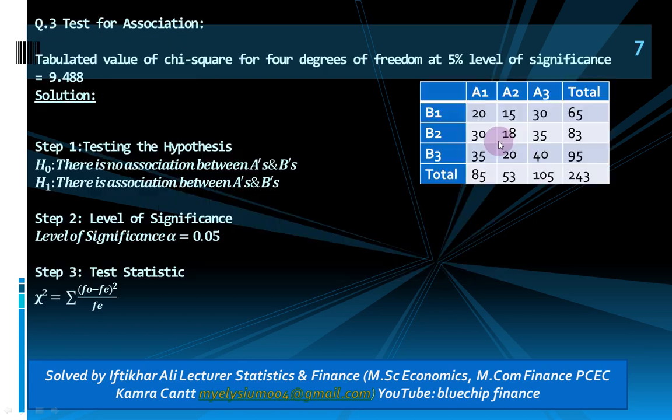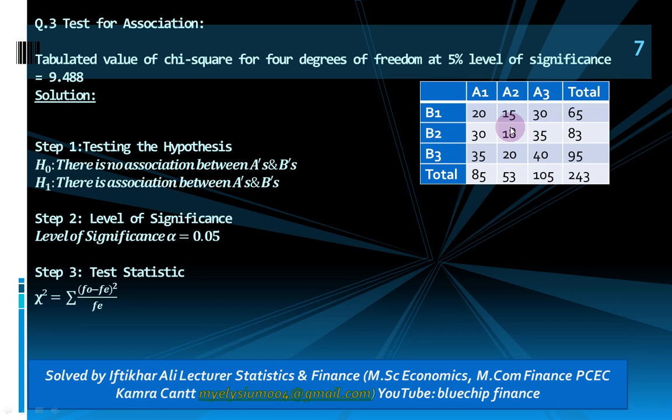So for this observed frequency, we take the row total, that is 65, multiplied by column total, that is 85, divided by subtotal, that is 243. For 15, the formula will be 65 multiplied by 53 divided by 243. For 30, the formula will be 65 multiplied by 105 divided by 243.